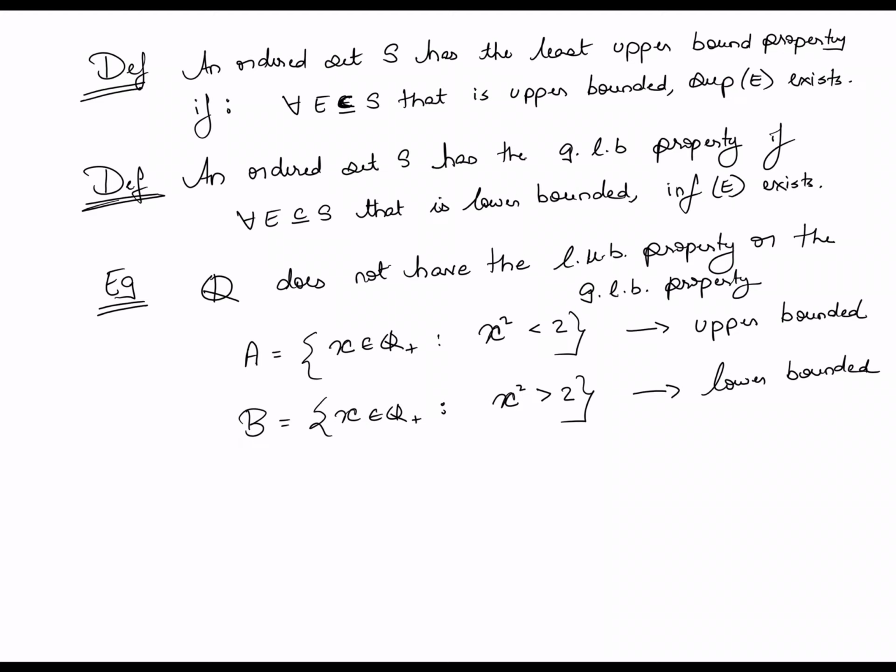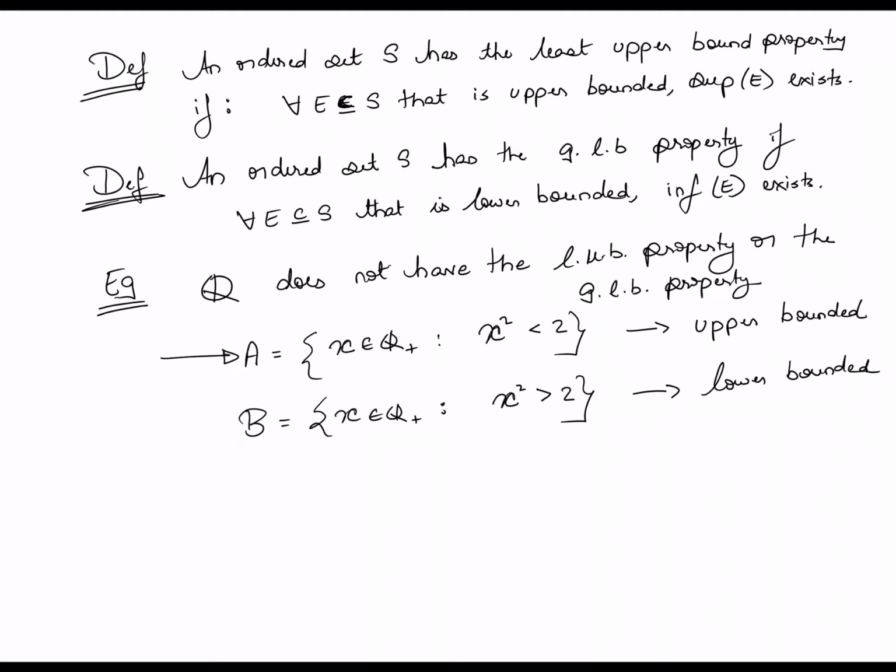Well, let's look at A. It has an upper bound. Let us ask whether the supremum exists. Now, what is the supremum? It is the least upper bound.